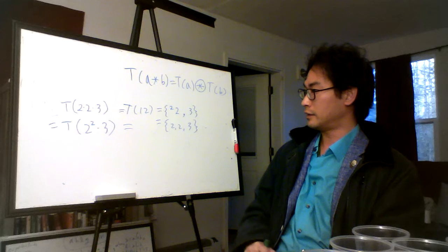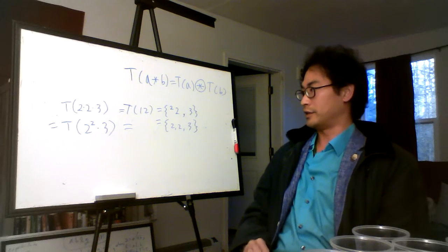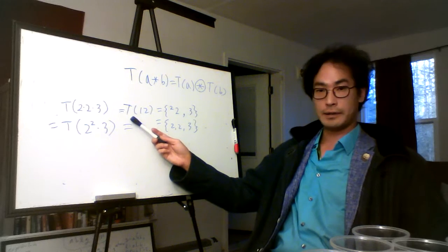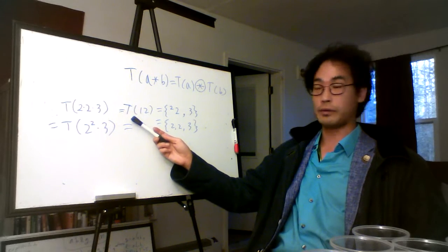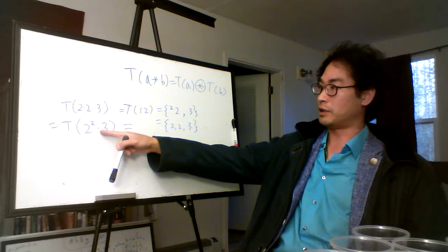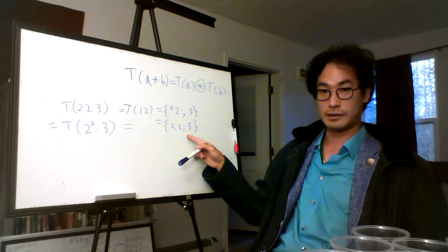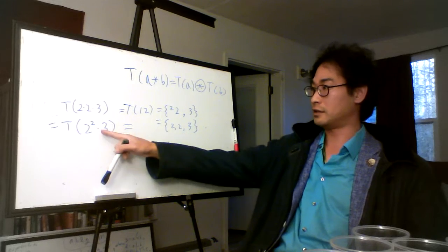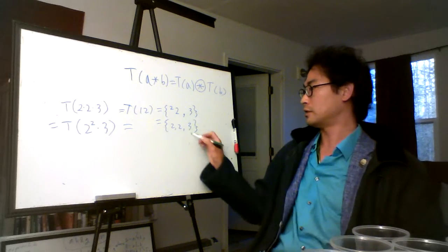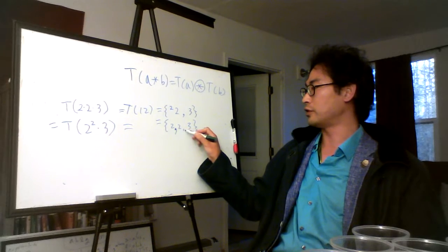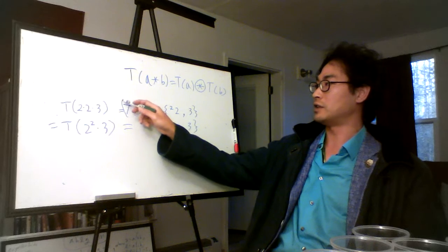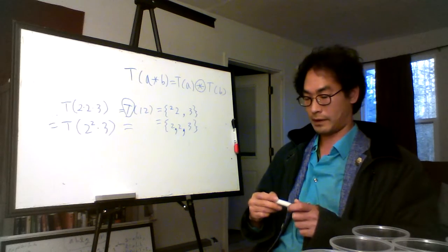So by definition, t is a function where you change this multiplication into commas. That's the definition of our function t.